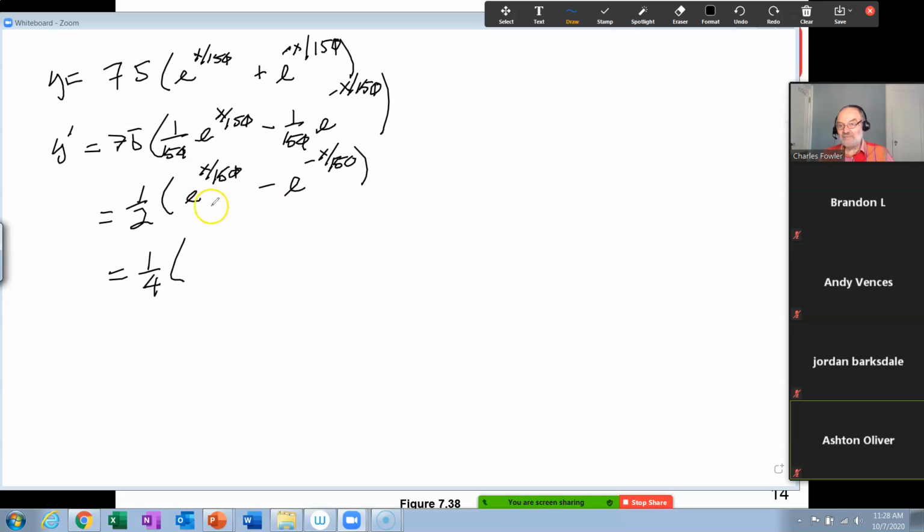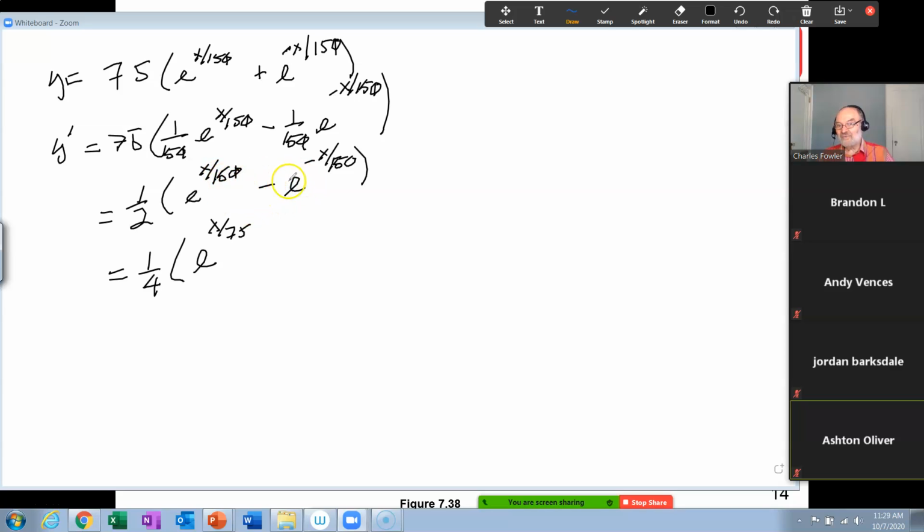And then when you square this, you'll have e to the x over 75. Oh my goodness, there it shows up again. Because when you square this, you double the exponent, and that gives you that. Minus twice the product of the two.